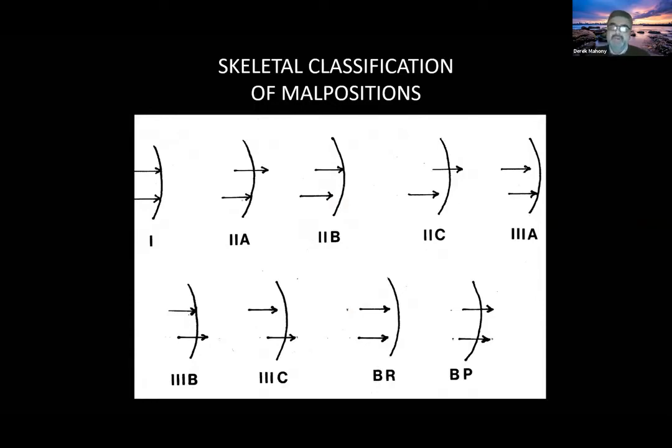Now, if you go to my YouTube channel, there's many free videos, and one of them I'd like you to watch if you haven't been exposed to arcular classification is the lecture I've done with Dr. Josh Jefferson. And this is called the Jefferson analysis. And the Jefferson analysis allows me to look at the maxilla and mandible, not just in relationship to each other, but in relationship to the anterior cranial base.